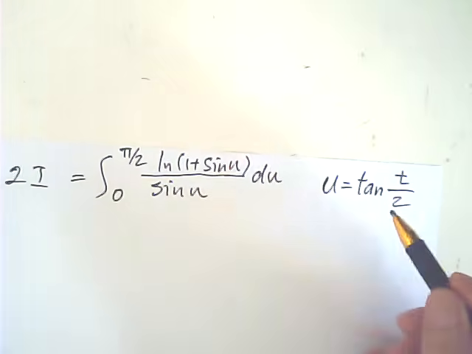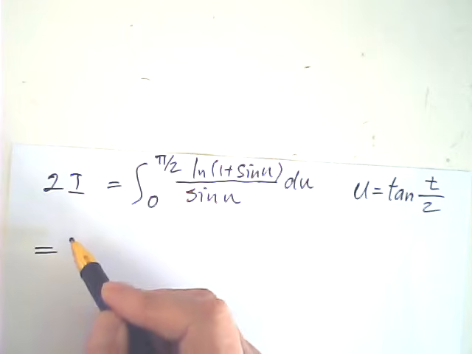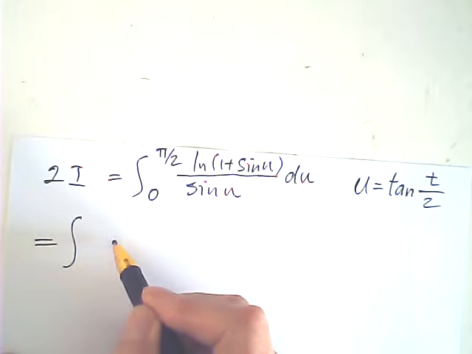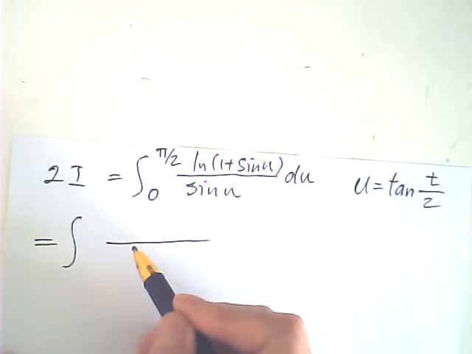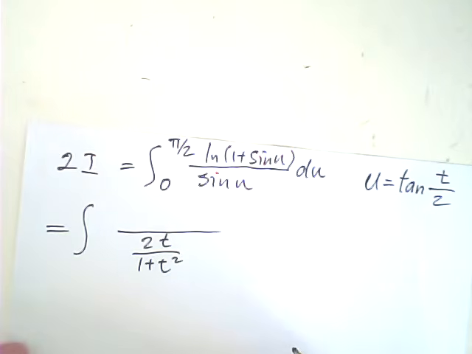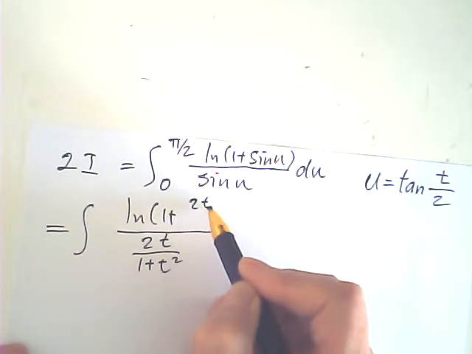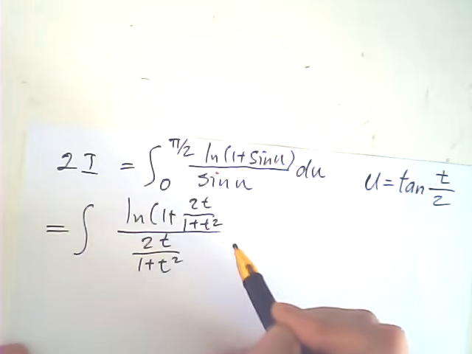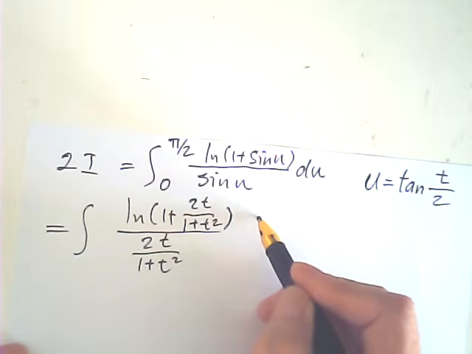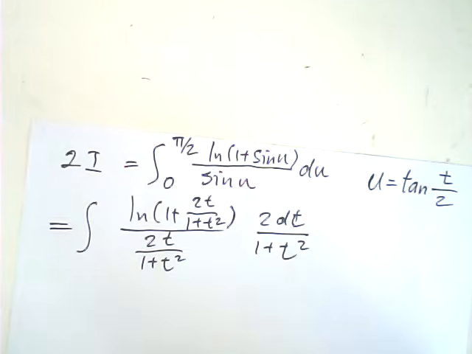Right? You must be familiar with this substitution. So this one is equal to sine becomes 2t over 1 plus t squared, and log of 1 plus 2t over 1 plus t squared, and the du is equal to 2 dt over 1 plus t squared.